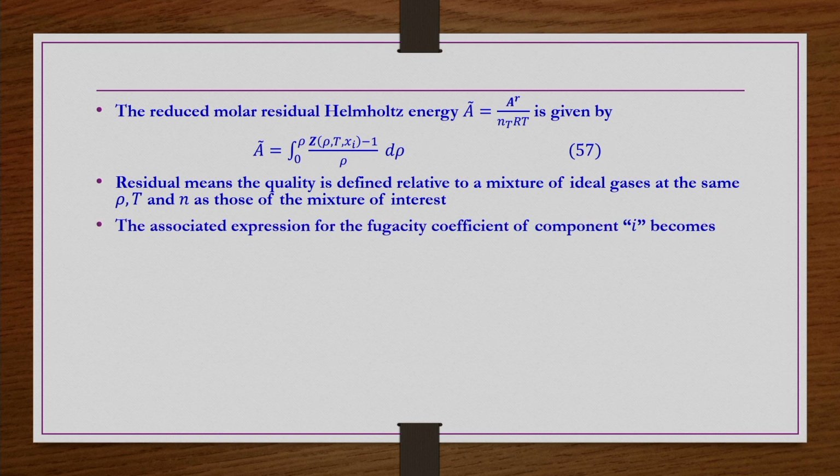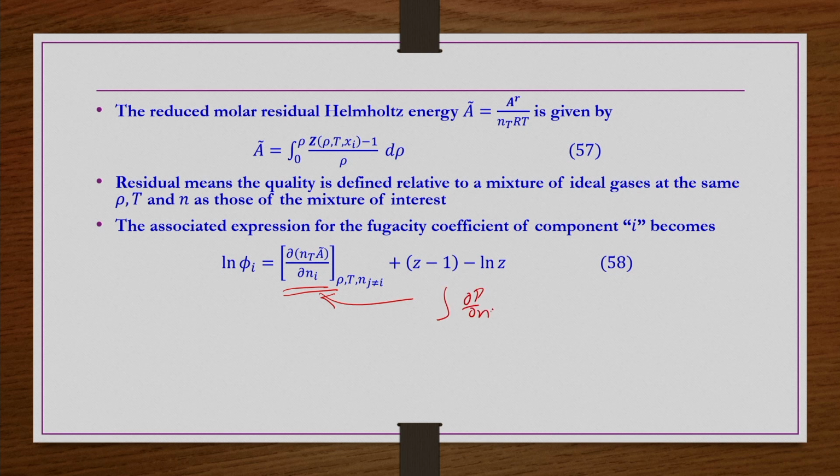Then the associated expression for the fugacity coefficient of component I becomes ln phi I equals dou by dou Ni of Nt A tilde plus Z minus 1 minus ln Z. Actually, this expression is nothing but the same thing we have seen in equation number 53, only that in place of this we will get integral dou P by dou Ni minus RT by V dV.